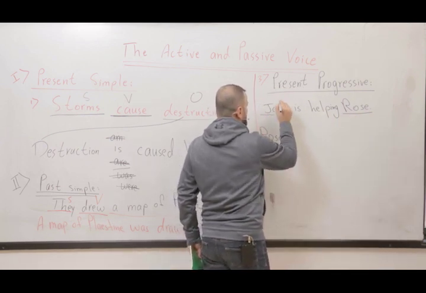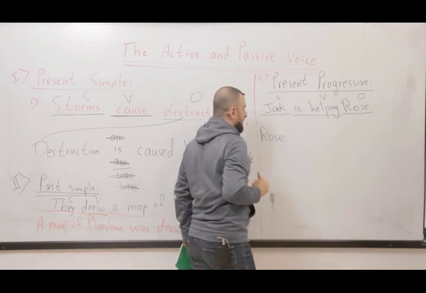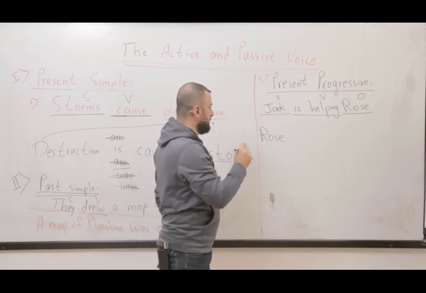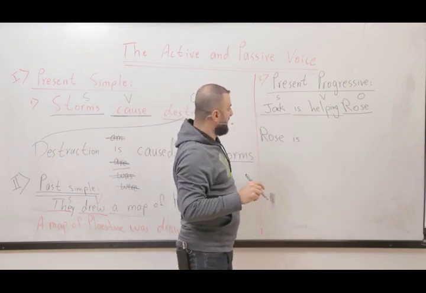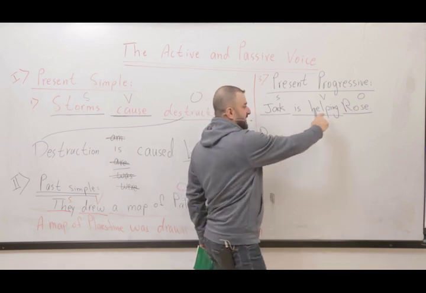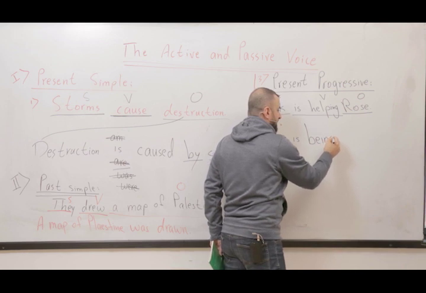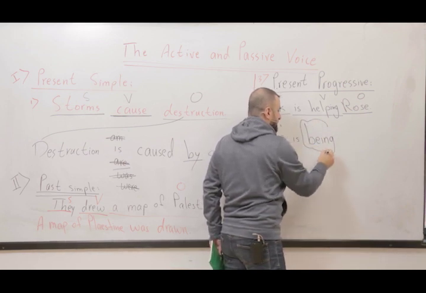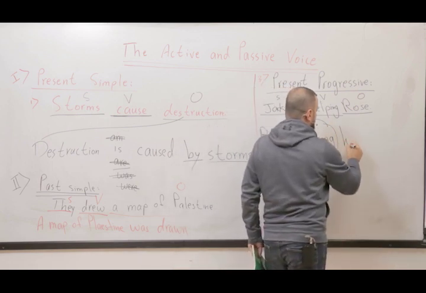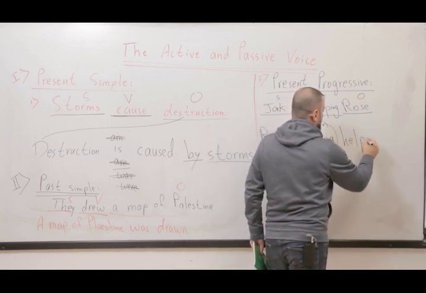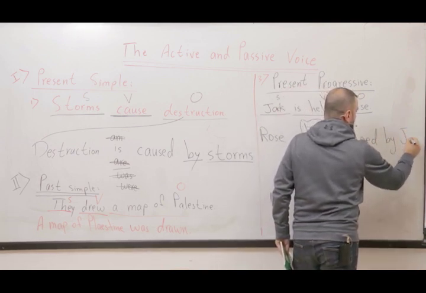This is the subject, this is the verb, this is the object. Put the object at the beginning of the sentence. Rose is. Here we have some difference. We have ing in the verb, so we have to add being. We have to add being because the verb is in the present progressive, and we have to put the part 3 of the verb: is being helped by Jack.